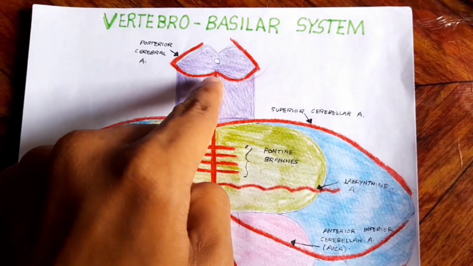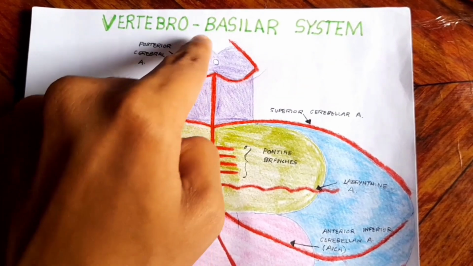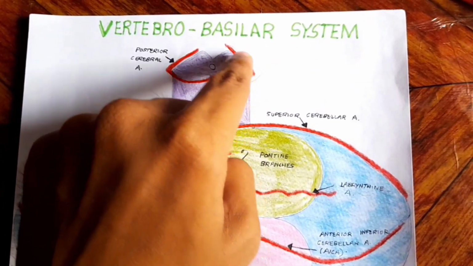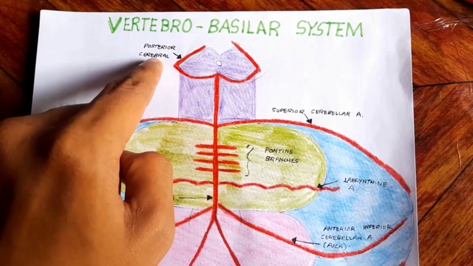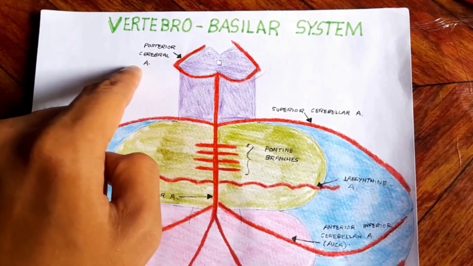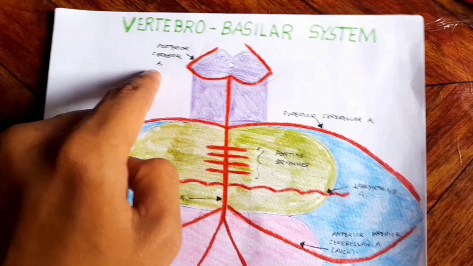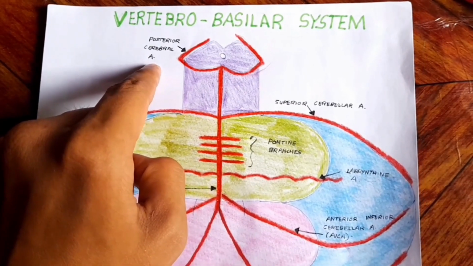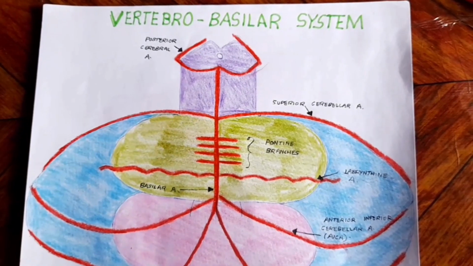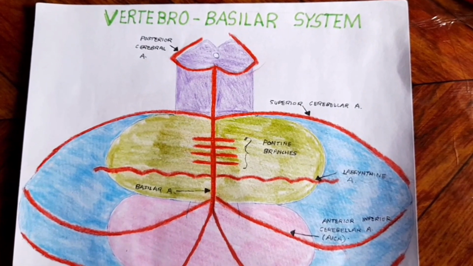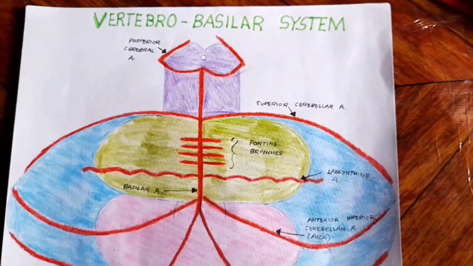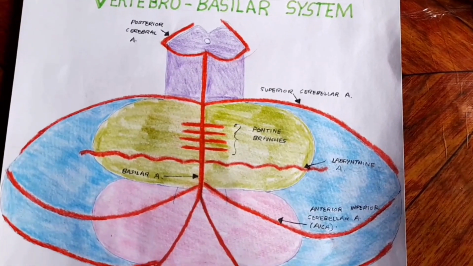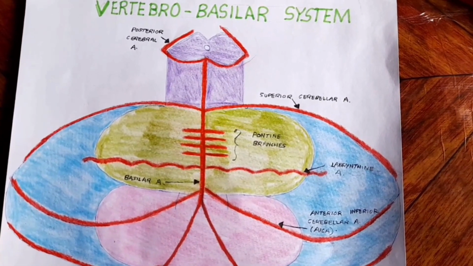And in the midbrain, it will give the posterior cerebral artery. And this posterior cerebral artery, from the name we can know which part of the brain it supplies the blood. So posterior means back, behind. Cerebral means cerebrum. Artery, it is supplying the blood. So this posterior cerebral artery is supplying the behind part of the cerebrum.